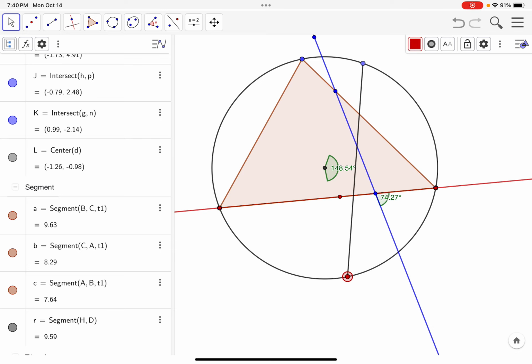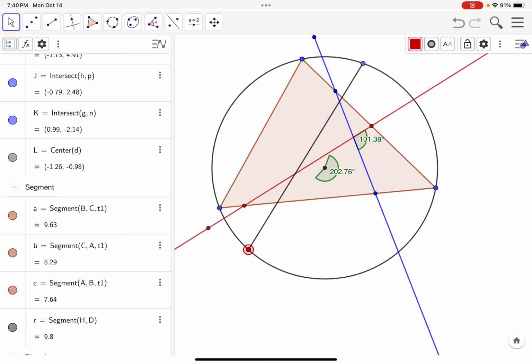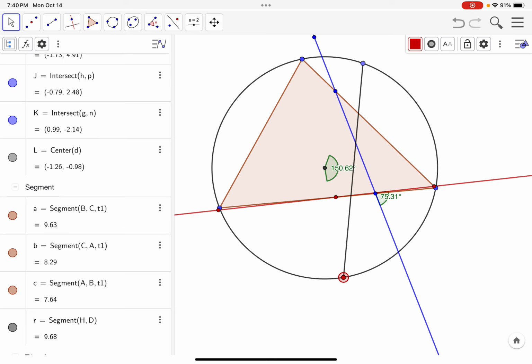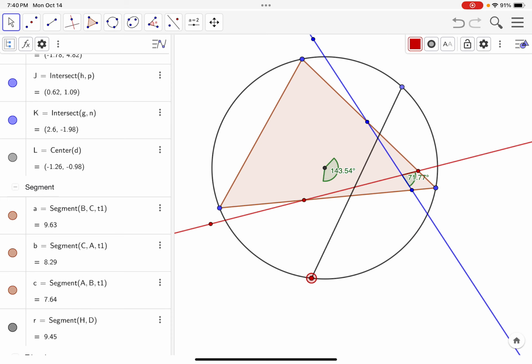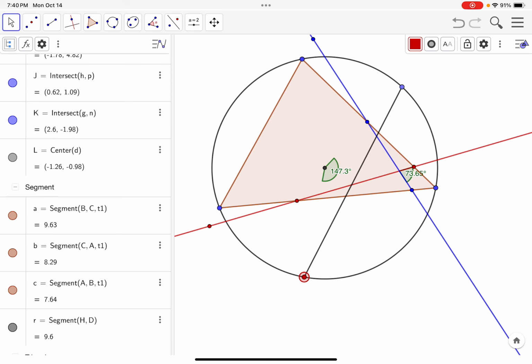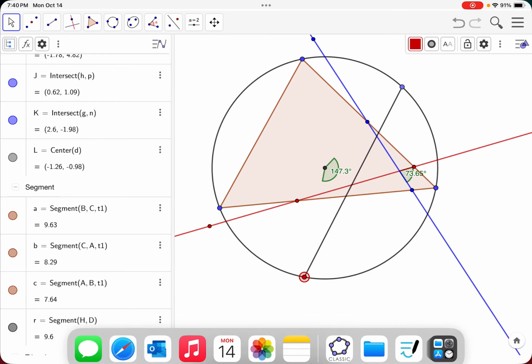And when it's not, then we get something that's going to be less than 90 degrees for the smallest angle in either case, I guess. Yeah, so that's the idea of the theorem that we just proved, and hopefully this makes it come alive a little bit more.